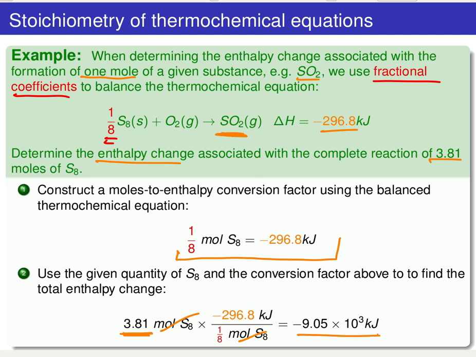So according to our calculations here, if we react 3.81 moles of S8, then a negative 9.05 times 10 to the third kilojoules of energy will be released. So the negative means energy is being released.